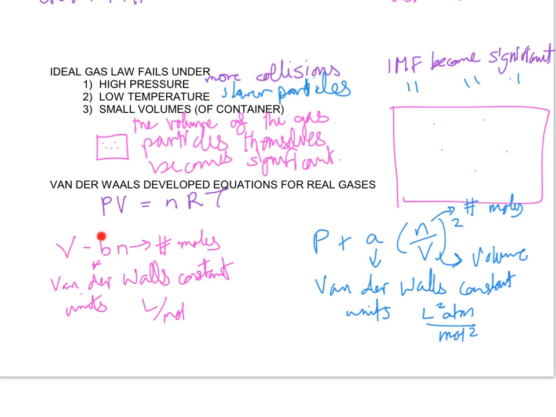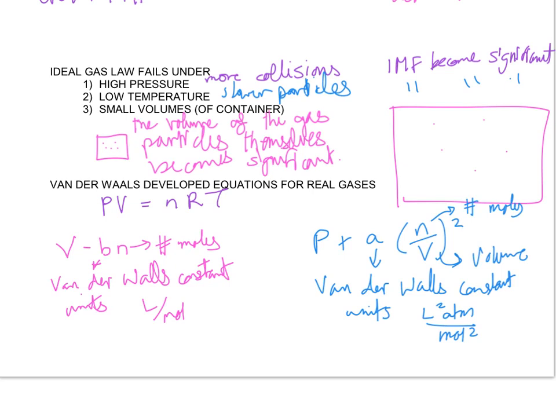And so if you consider different gases, B is going to be different depending on the volume of the gas. The larger the gas particles, the larger B is going to be, so that it fixes for that problem being ignored. If you look at A, this expression is fixing the intermolecular forces being ignored. And so the stronger the intermolecular forces for that gas, the larger the A value is going to be.